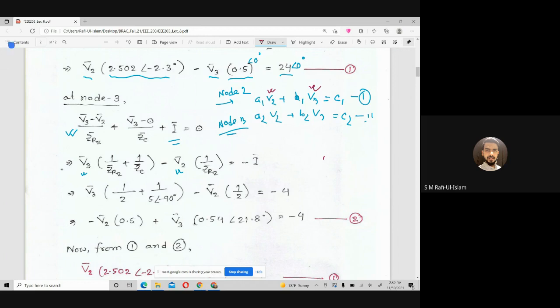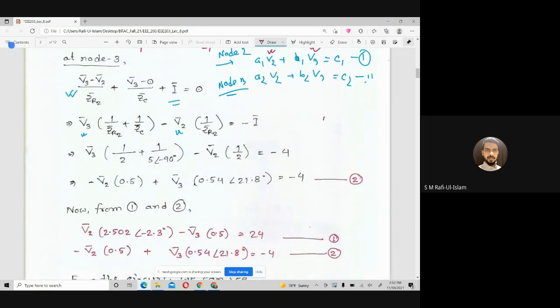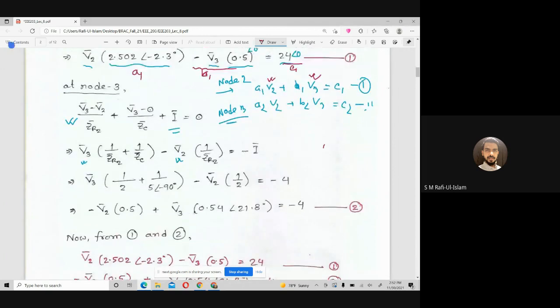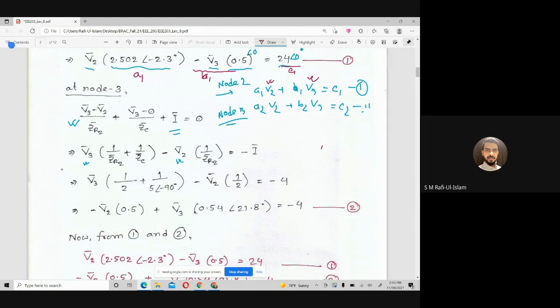From the first equation, you can see this is v2, so this is nothing but a1. This is v3, so whatever other value, that is b1, and this is c1. Similarly for node 3, be careful: we always write v2 first, even if the coefficient of v2 is negative, and then v3 second. Otherwise it will cause a mistake in forming the matrix determinant.